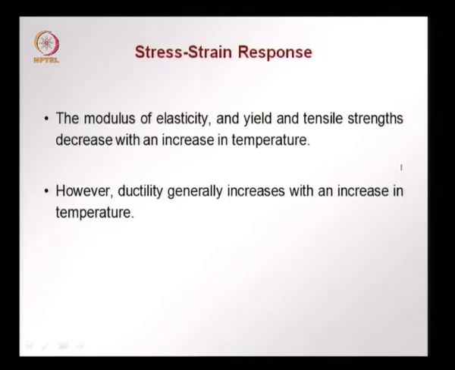In general, we find that modulus of elasticity and yield and tensile strengths decrease with an increase in temperature. Significantly, ductility increases with an increase in temperature, or it decreases when the temperature drops, that is, the material becomes more brittle as the temperature drops.